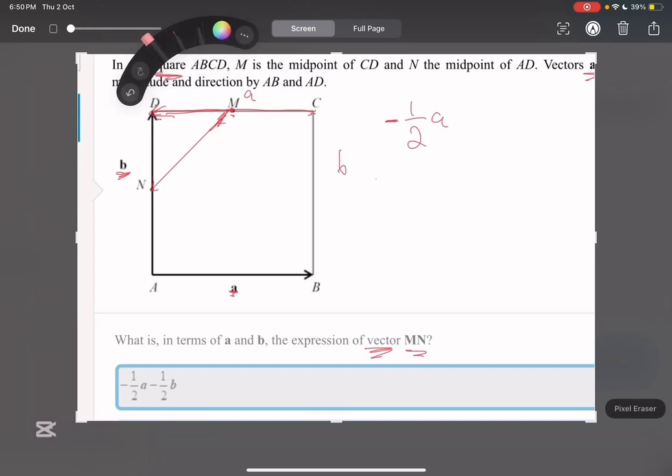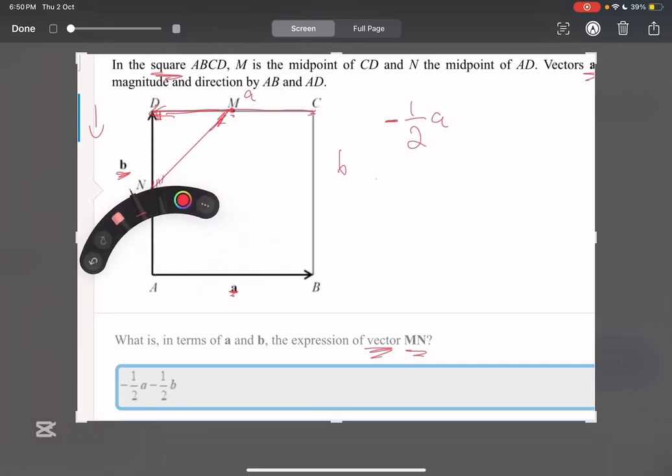Now, since we still need to go to N, we go from D to N. Like this is the direction we need to go. We need to go down, okay? This whole thing, by the way, is B, okay? But we have another issue. B, as you can see here, is directed upwards, and we need to go down. So we're gonna put another negative.